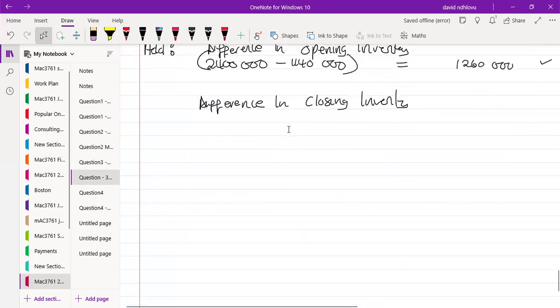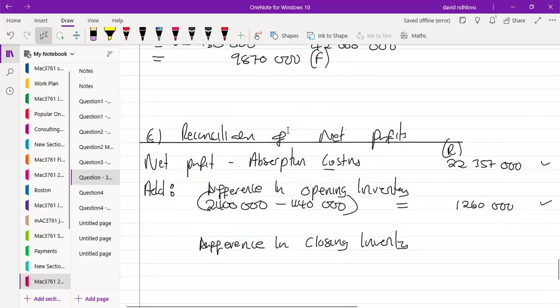So the question is, what is the impact of this on the two profit figures? We have to understand that opening inventory is added to the production cost for the year in arriving at cost of sales. So opening inventory by nature increases a cost, which is cost of sales.